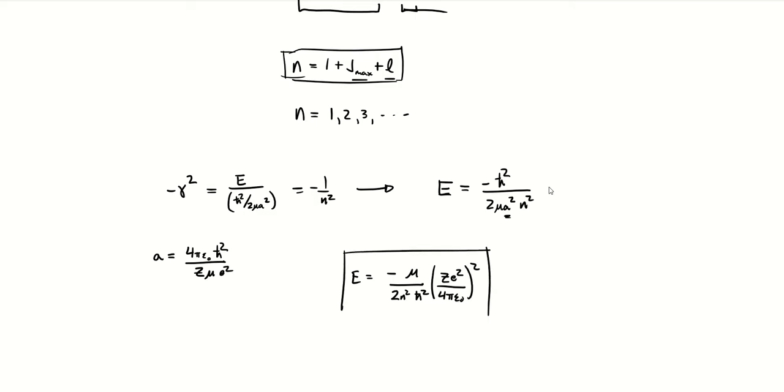And we've got the energy of our hydrogen atom. And like many of you have probably seen in previous classes, it goes as 1 over n squared, that principal quantum number.